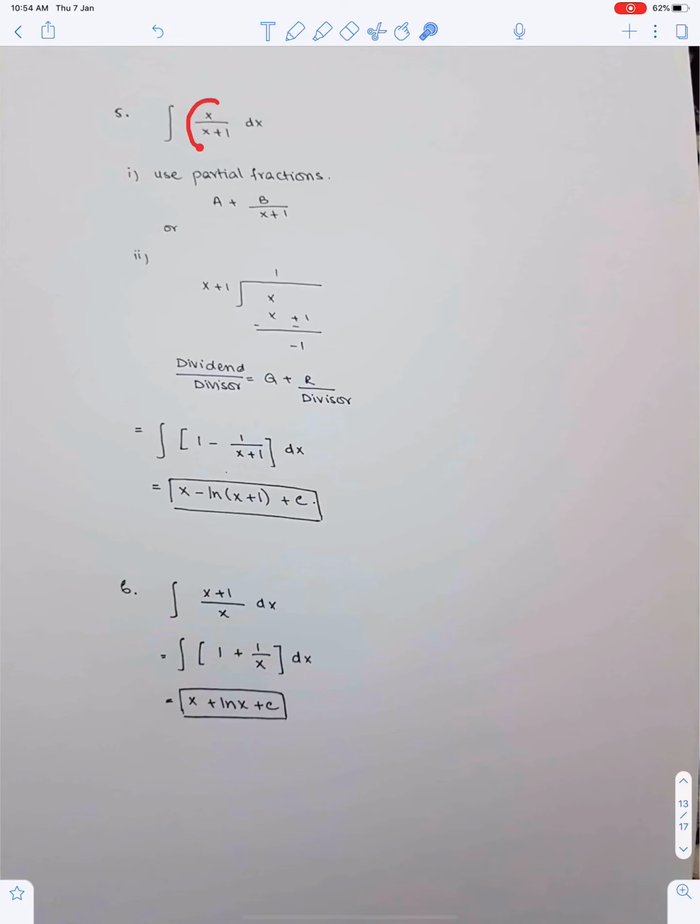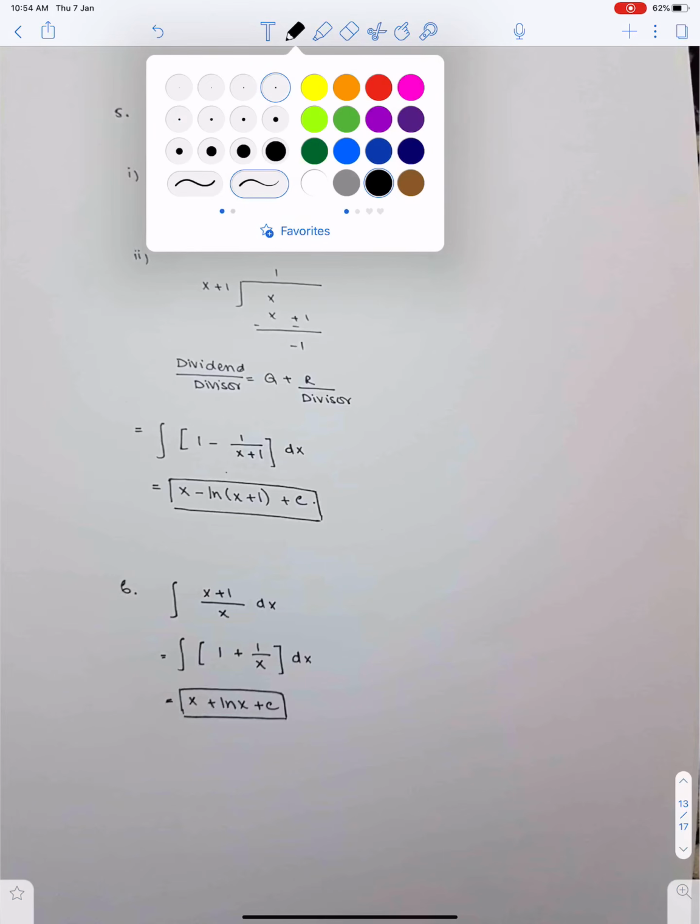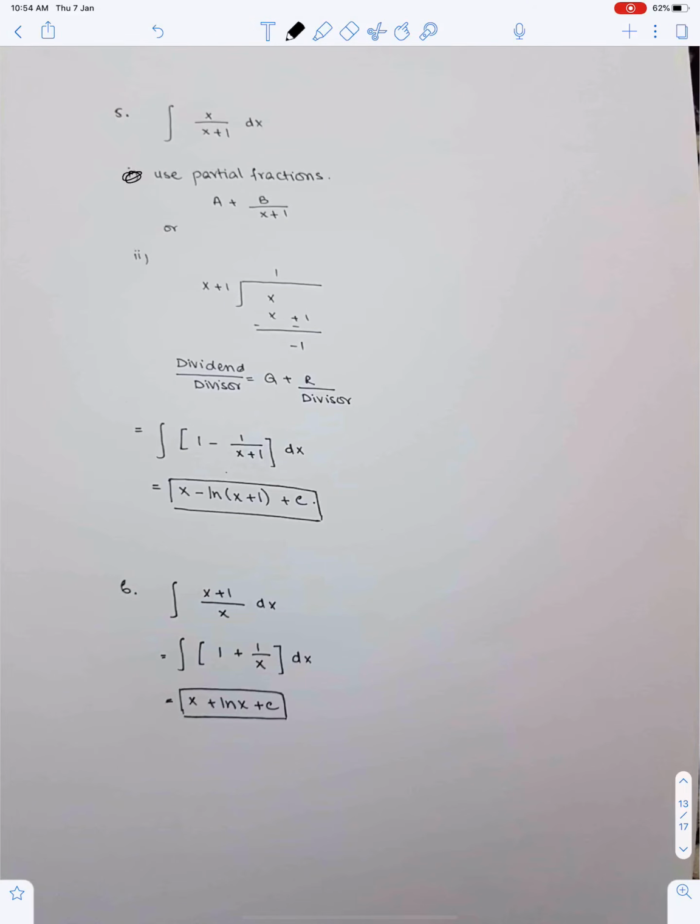Here, this is an improper fraction. So the best way to solve this question is to use the long division method. Don't use partial fraction. Always use long division whenever we have an improper fraction in integration with just one factor in the denominator.